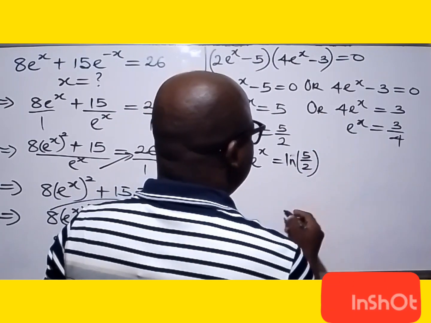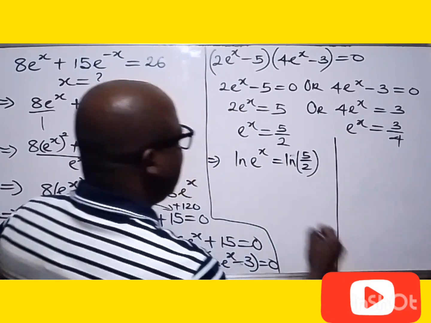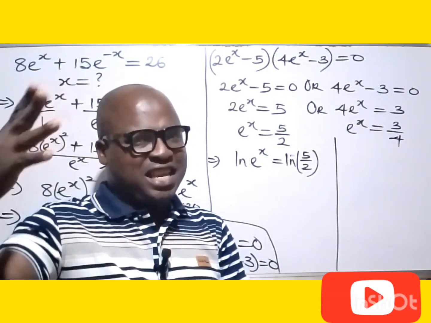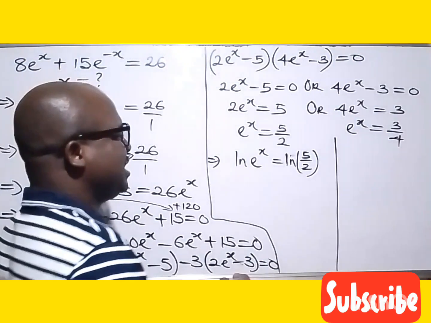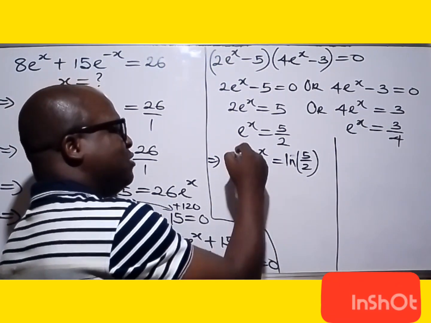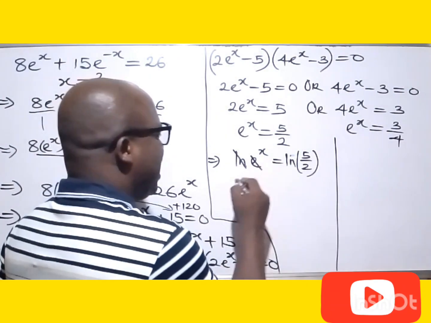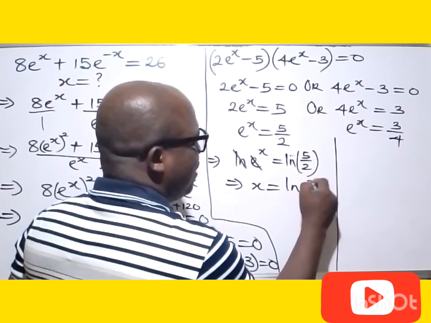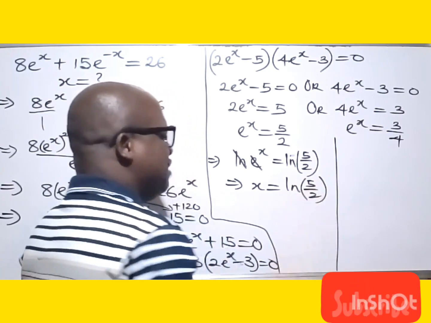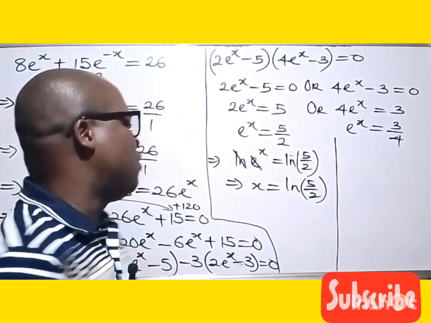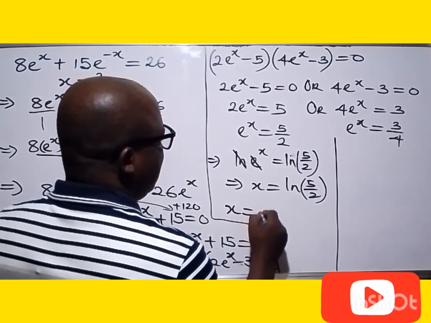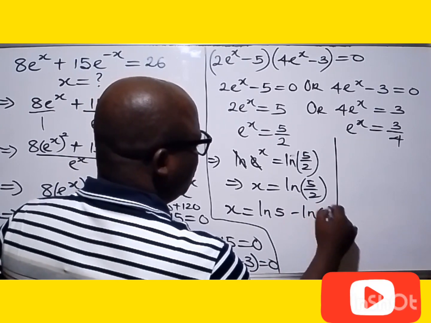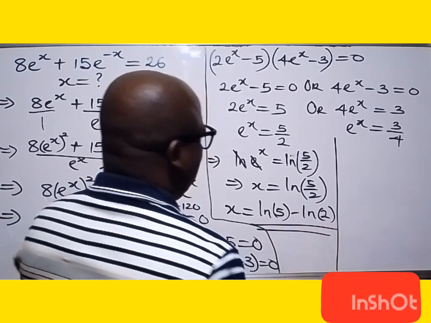Ln is the inverse of exponential, so when you have ln e, the ln and e cancel, and we are left with x equal to ln 5 over 2. We can leave our answer like this, and we can still go further. Then x will be equal to ln 5 minus ln 2. This should be the first answer.